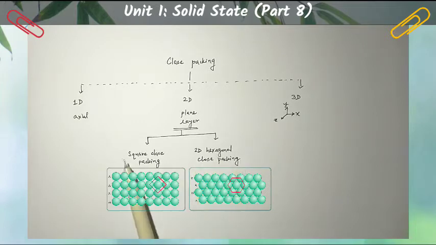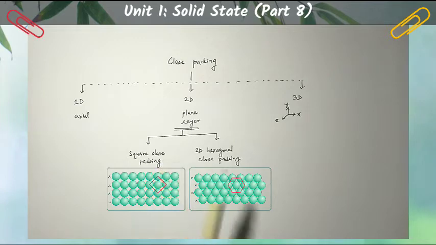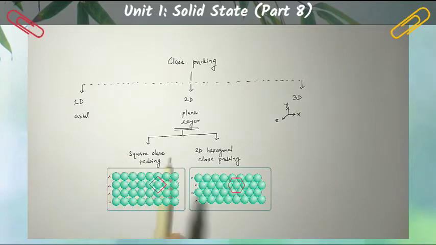So we're going to use this layer, and on the top of this layer, we'll add another layer of that packing. That means we're going to use one layer of square close packing, again on the top of it we add another square close packing layer, and again another. So we're going to get some three dimensional structure.